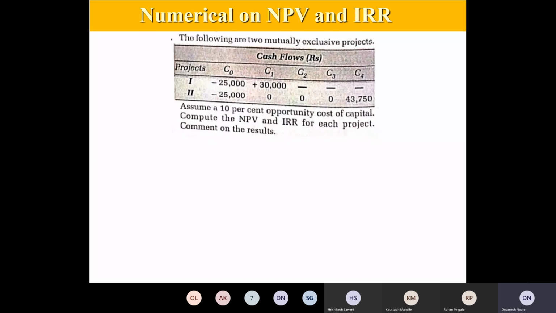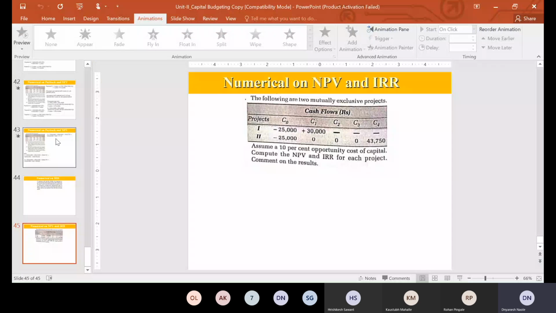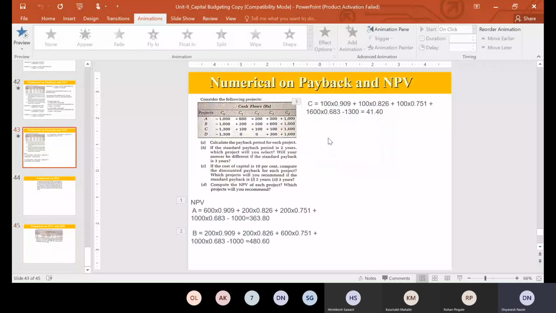Okay, so IRR rationale is that we need to find out that rate for which the present value of the future cash flows becomes equal to the present value of the cash outflows. Say for example, here we'll do this one just to show you an example.